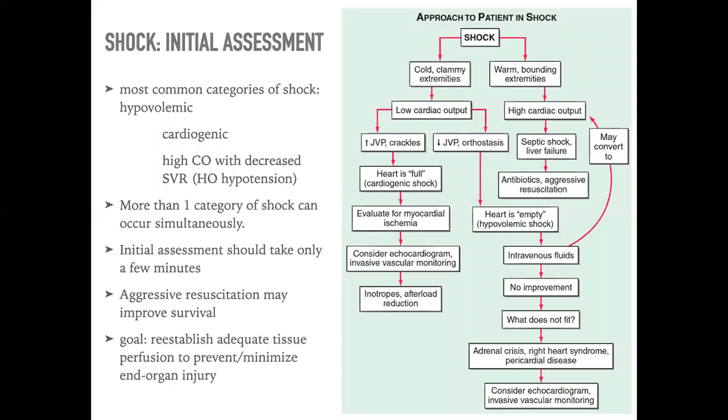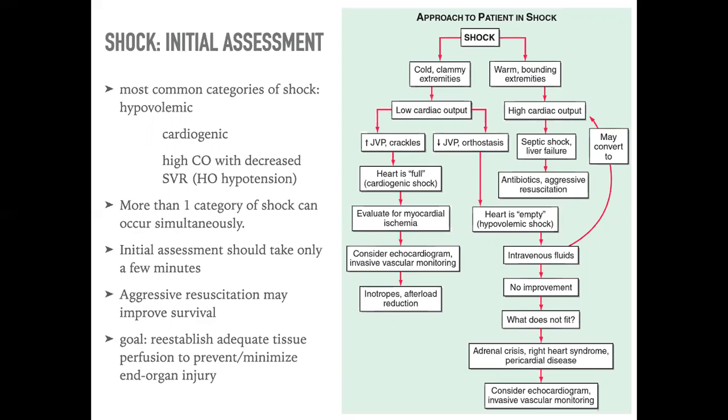More than one category of shock, however, can occur simultaneously, so the initial assessment, as I've said in the first slide, should only take a few minutes while you do your aggressive resuscitation, because this could greatly influence the survival of the patient. So the goal that you should keep in mind when you do your resuscitation is to reestablish adequate tissue perfusion to prevent or minimize end organ injury.